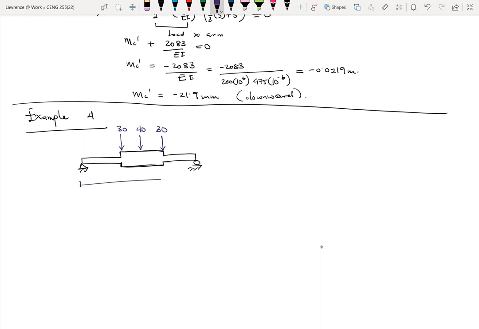Okay. Then we have these dimensions. So yes, 4 meters, 2 meters, 2 meters, and then 4 meters. Okay. So we can see that this section here, so the beam on this point is thicker. It's thicker than the beam over here.